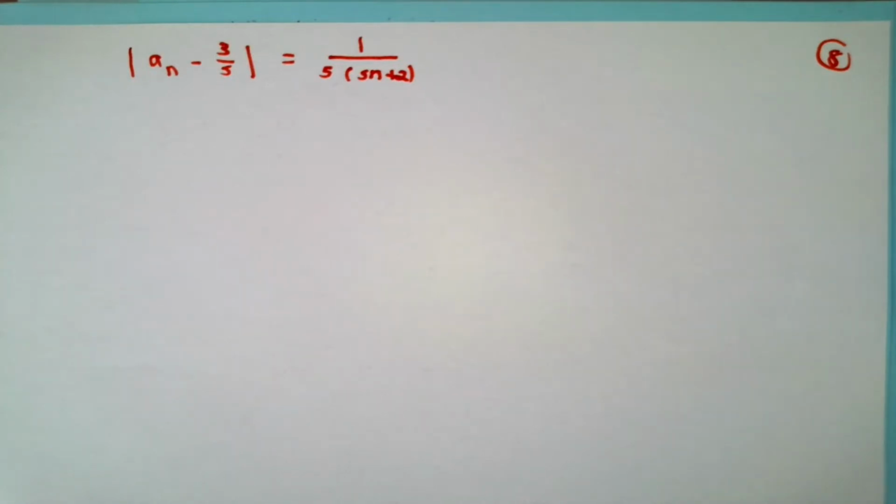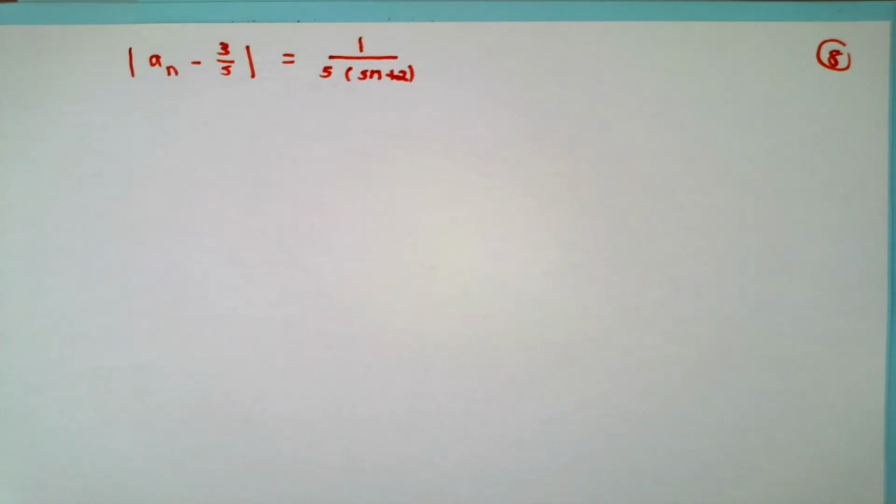So a person might well ask themselves then, all right, is it possible to find an index beyond which this a_n minus 3/5 distance is smaller than 0.01? Since we've already calculated a formula for this absolute value of a_n minus 3/5, there's no need to do that again.